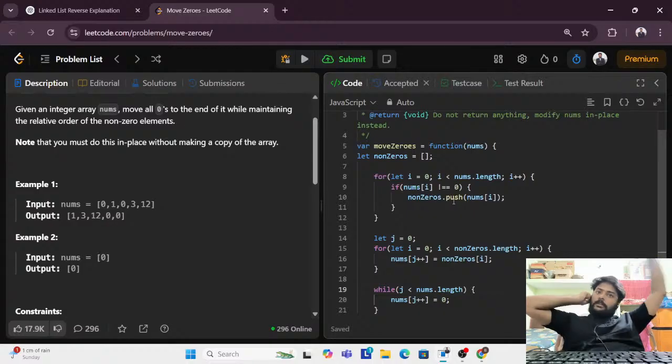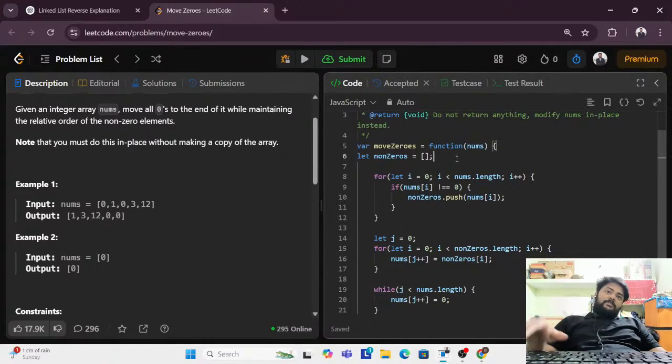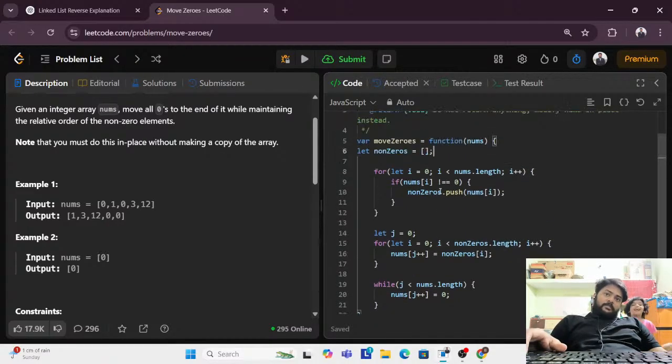I was thinking the in-place method means that I cannot use any extra space. But the thing is, I can use extra space, but I cannot return it.